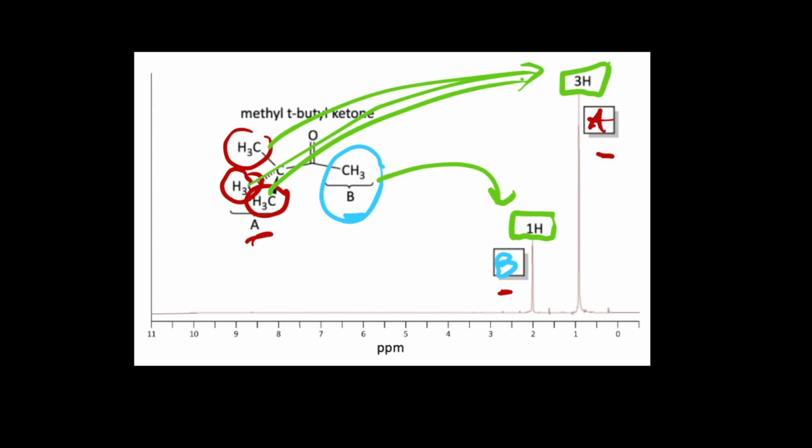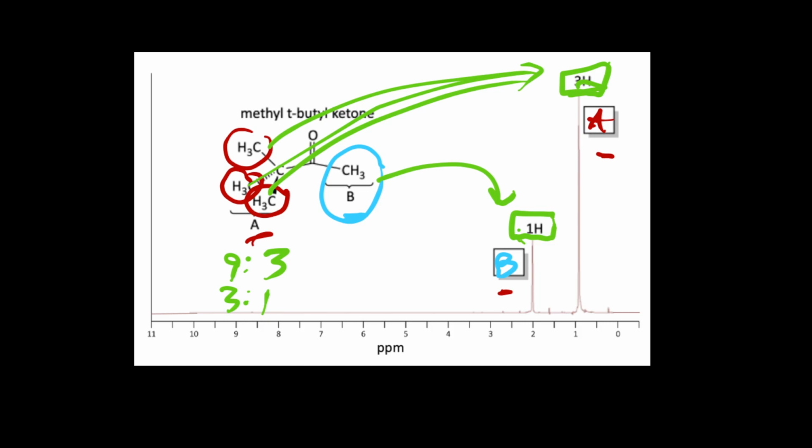So it's only telling us the ratio. It doesn't tell us the absolute number of hydrogen atoms. So 9 to 3 in this case is the same as 3-to-1. That would be represented with the 3 hydrogens and the 1 hydrogen peaks.